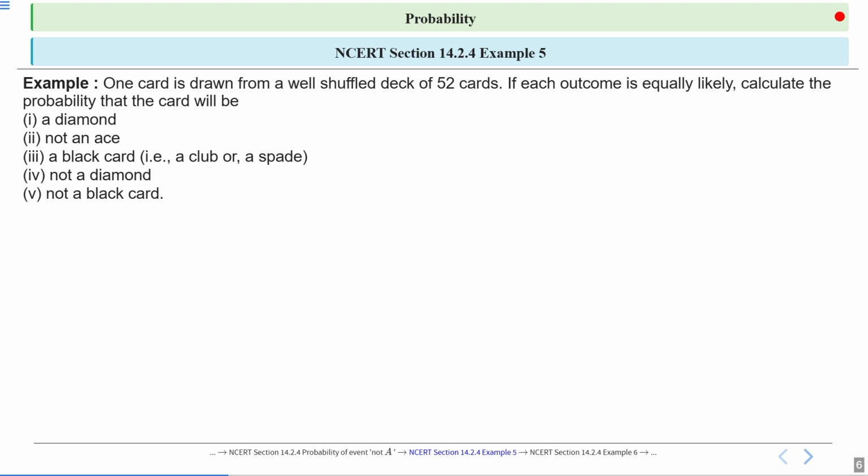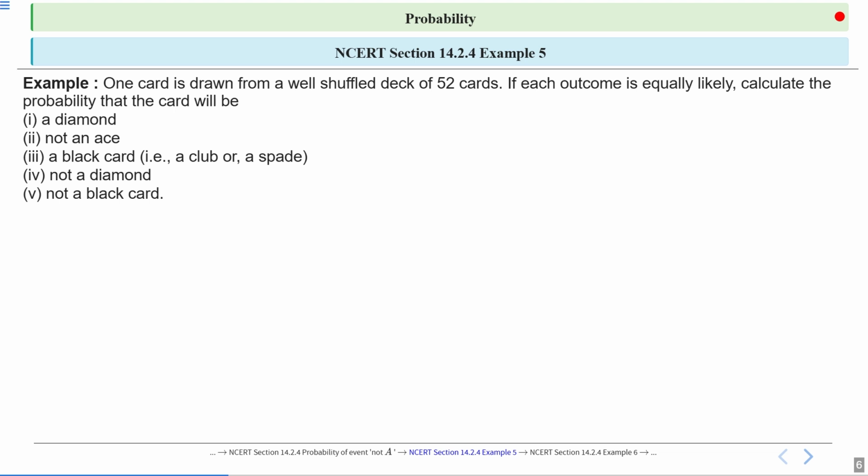That means now calculate the probability that the card will be first a diamond card, second the card will be not an ace, and the card will be a black card, that is a club or spade. So there are two types of black card, club or spade.